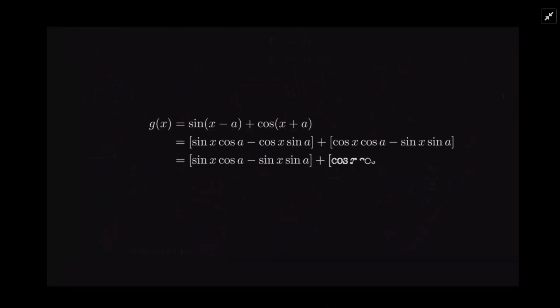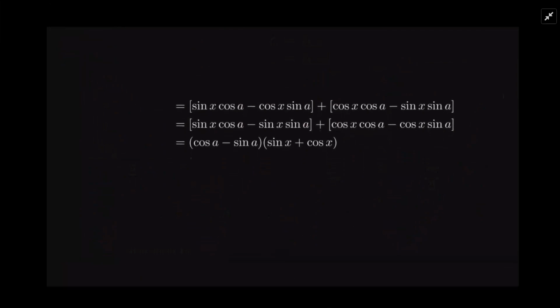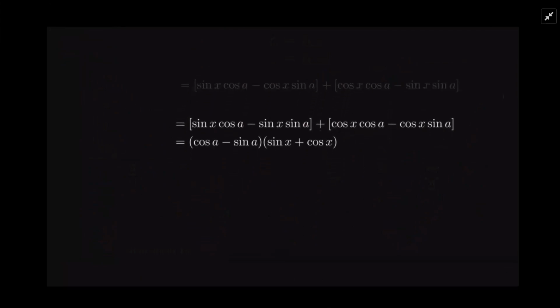You should do this on paper, by the way. Check my work. That's just rearranging some pieces. We notice here that you can factor it out. Cosine a minus sine a is a constant, right? So that can be factored out. Just for simplicity, I'm going to rename that constant to k.